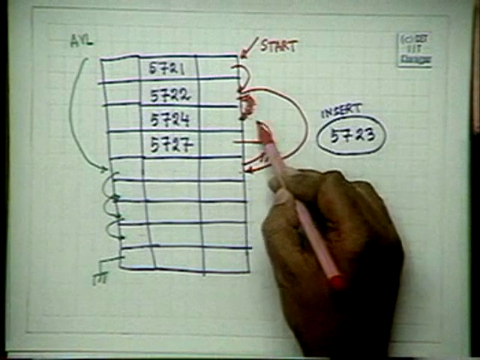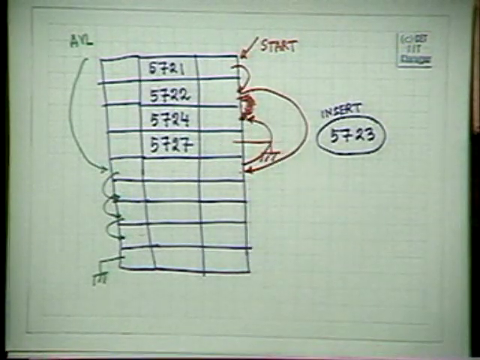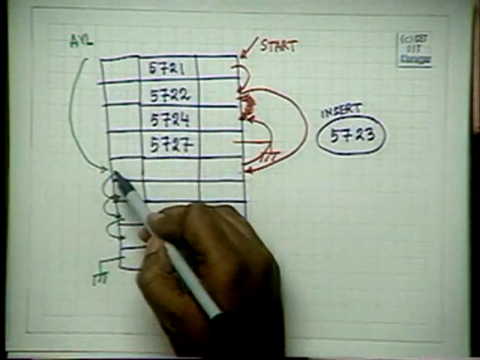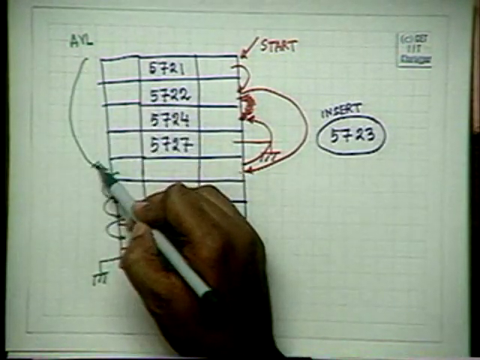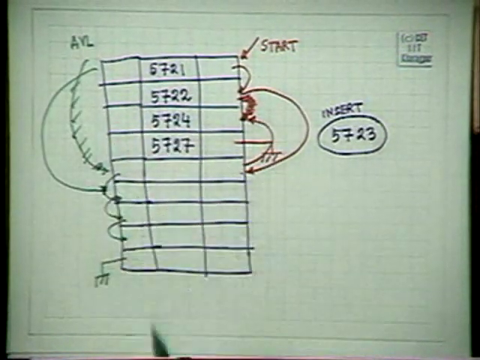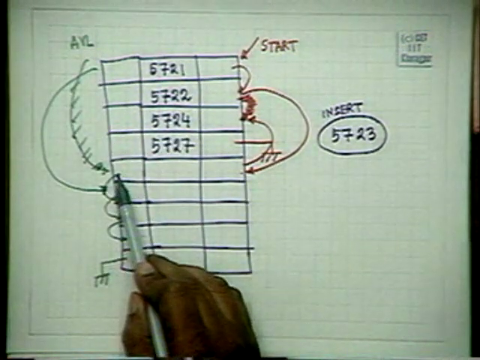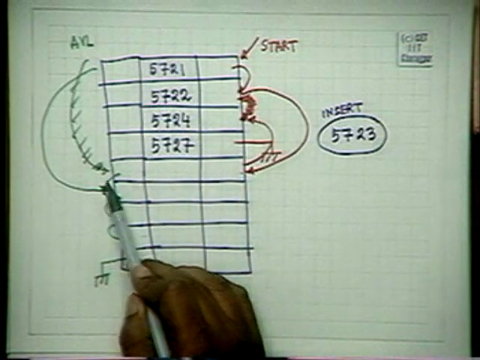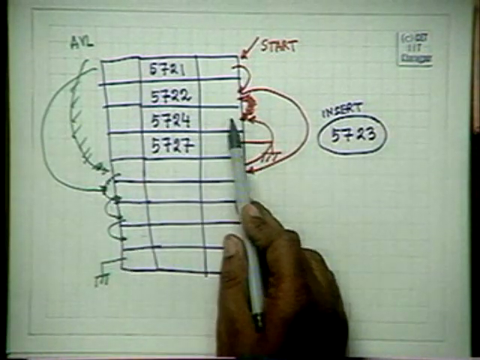This one points here, and the available pointer now points here. Mind you, this and this are the same one. So this one now actually is this one.